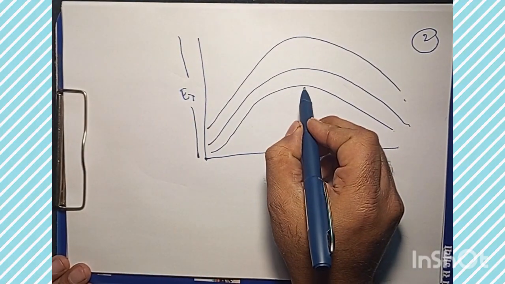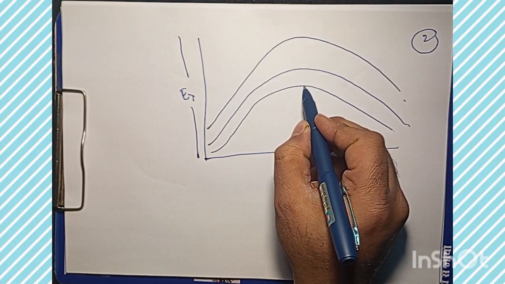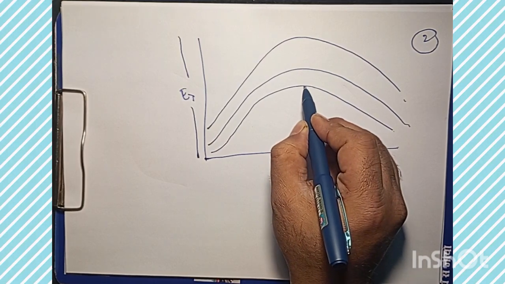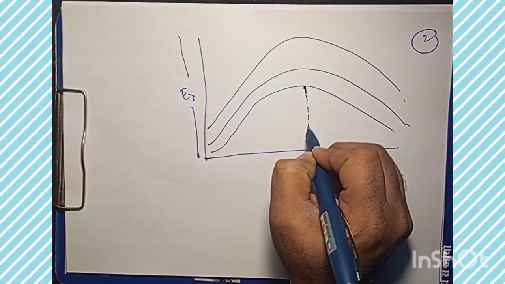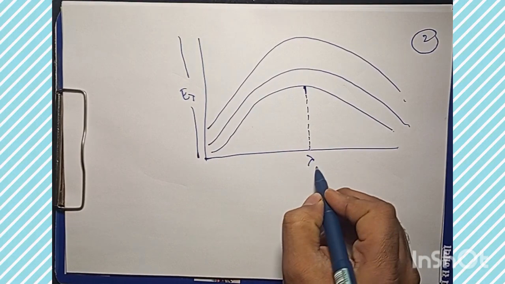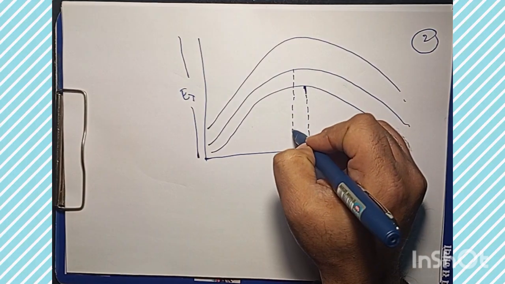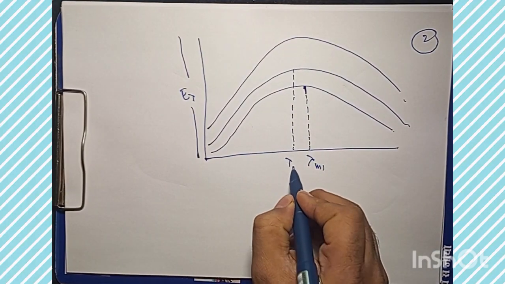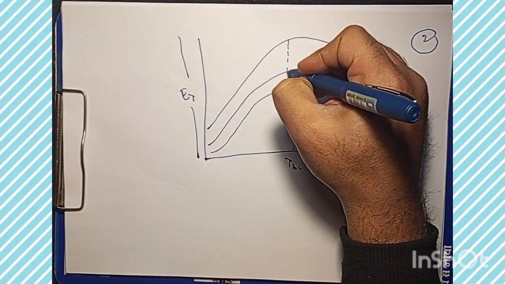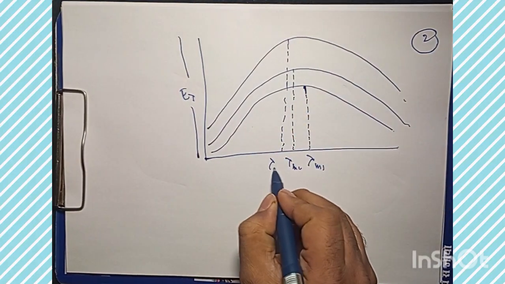We can see peaks in all these curves. Let me assume that this peak of radiation is at wavelength lambda m1, this peak is at wavelength lambda m2, and similarly the third peak in the third curve is lambda m3.